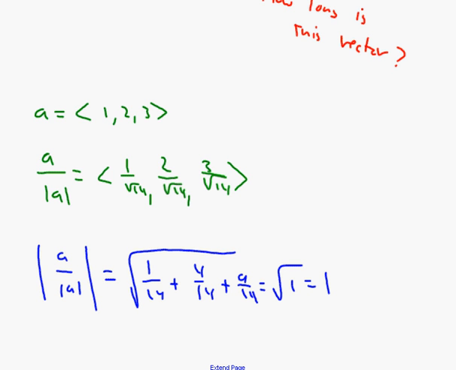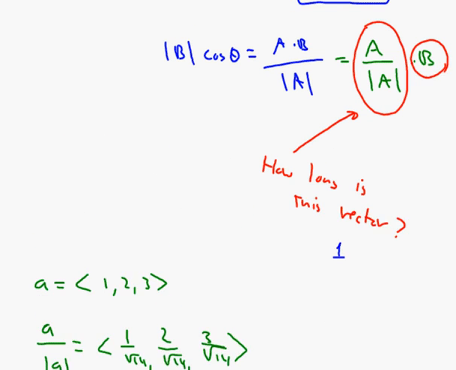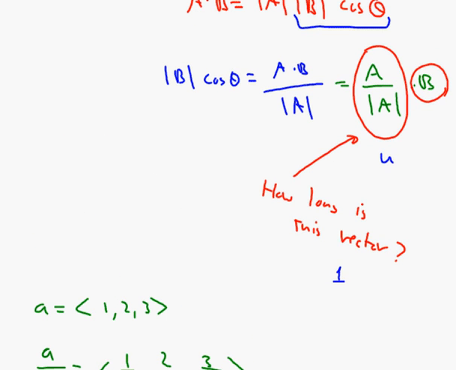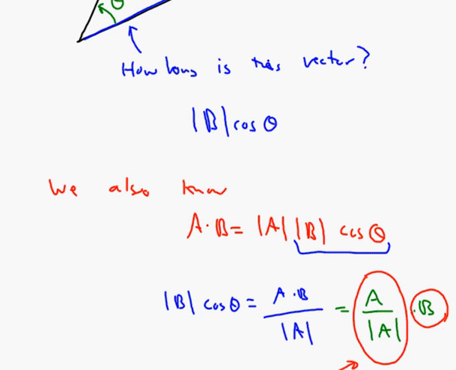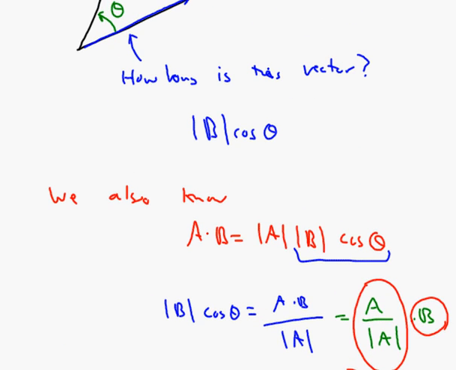So it turns out the answer to our question is that vector has a length of 1. That means it's a unit vector. Okay? You can give that some thought as to what that means. It's sort of interesting what's happening there.